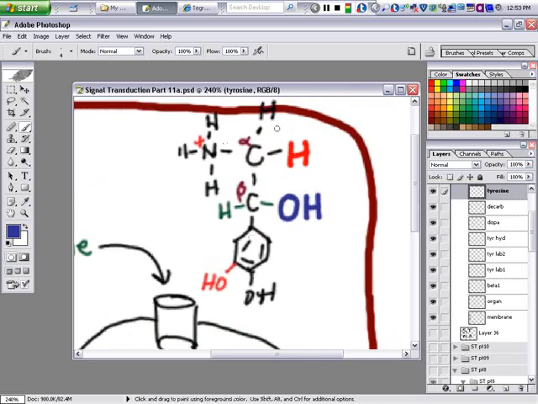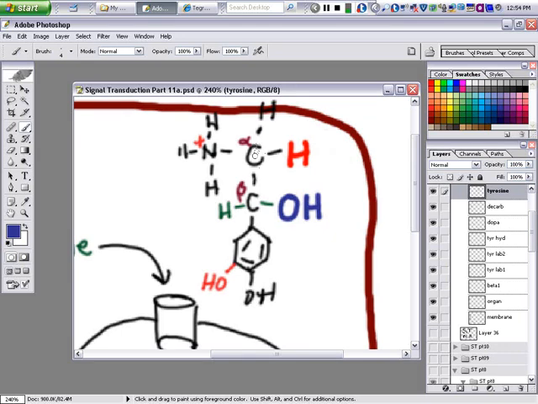We started out with dopamine, and now we've added a hydroxyl group to dopamine. What should be the name of this enzyme? Dopamine hydroxylase. Exactly. But we could have added it in several places. There are some hydroxylases that could add the hydroxyl group at the alpha carbon.